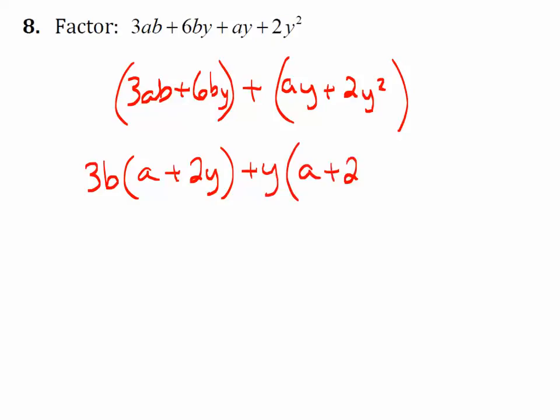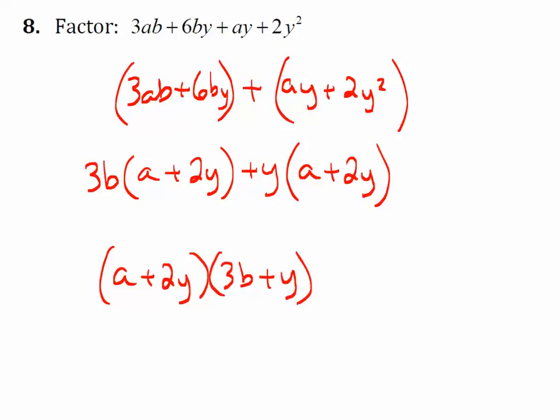So a plus 2y again. Perfect. So then factoring out the a plus 2y, leftovers would be 3b plus y. All right, and that is the end of 5.6.